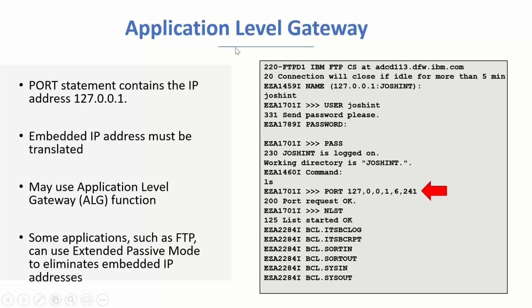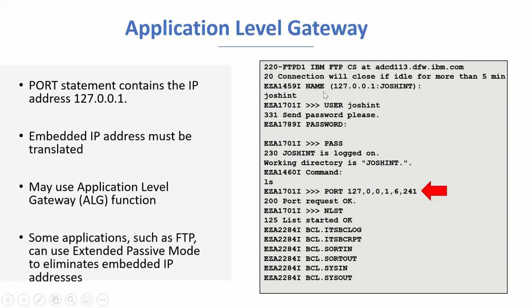Another problem with this whole scheme of rewriting headers is things that are called application level gateways, or the real problem is applications who embed IP addresses.